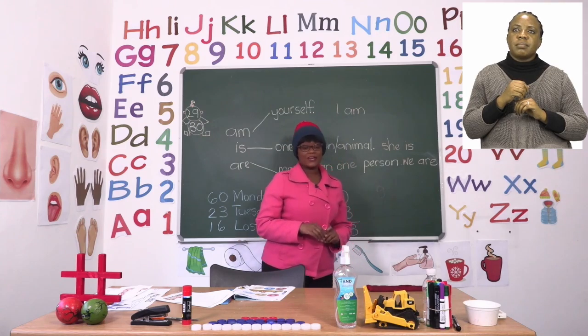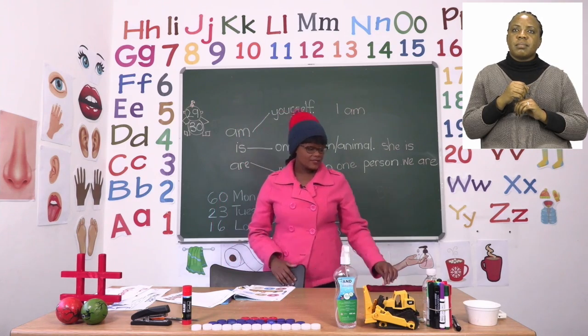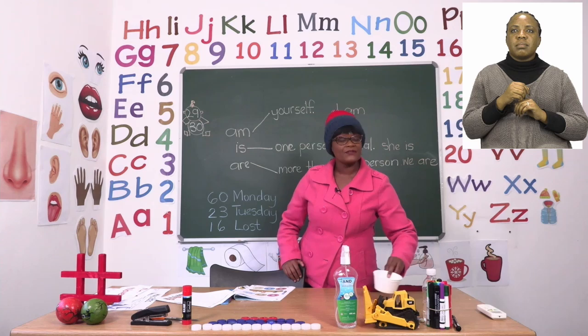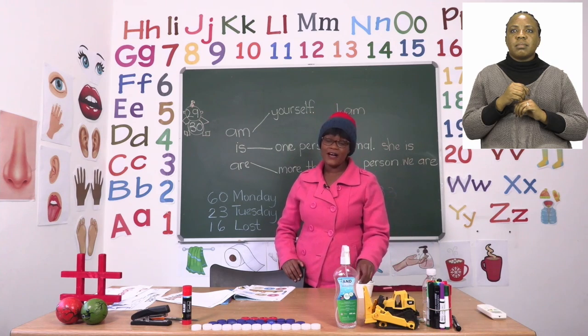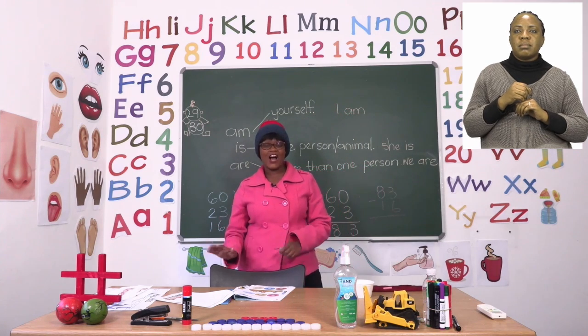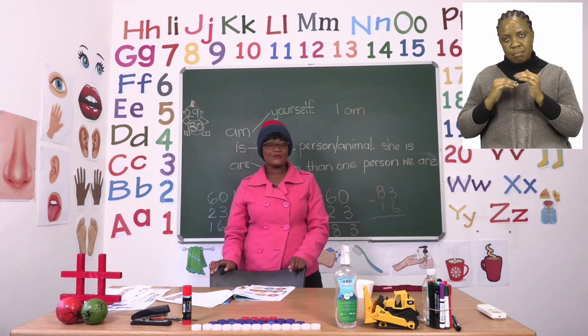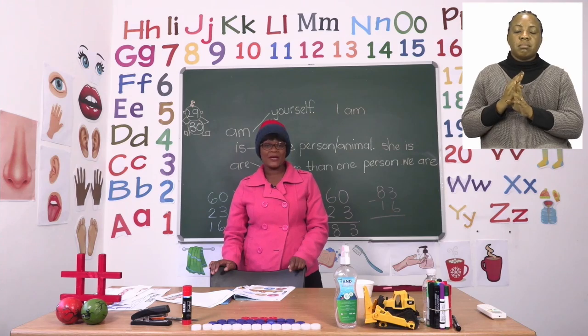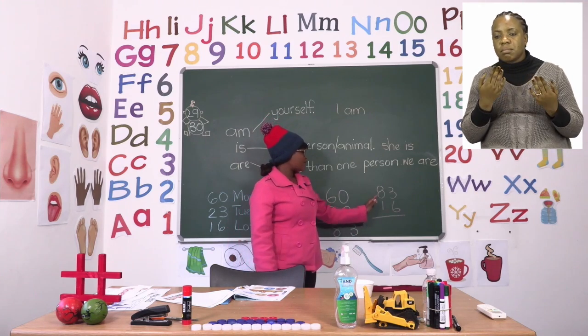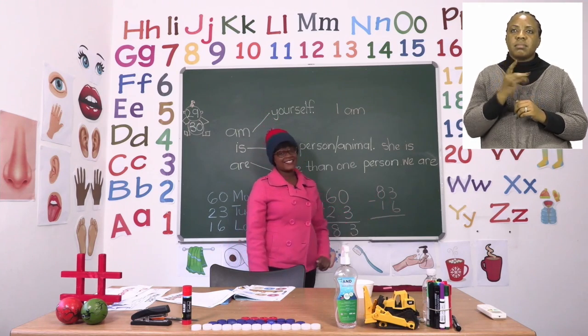So this is what we're going to do. Now remember, boys and girls, you need to lay out your work very carefully in order for us to see exactly how you got your answer. Every story sum or problem solving sum needs to be that way. So we have 83 minus 16.